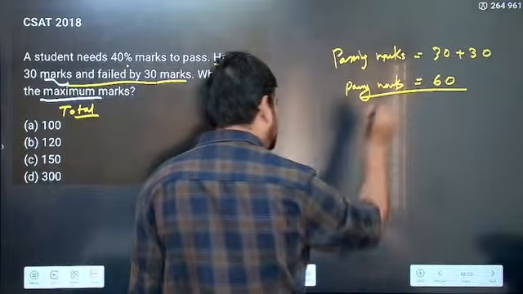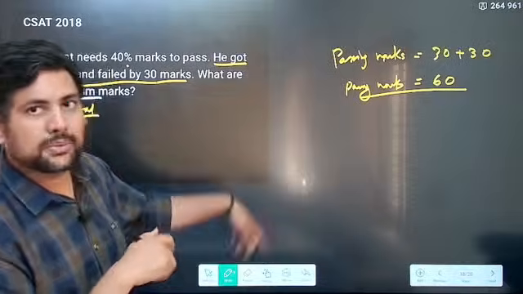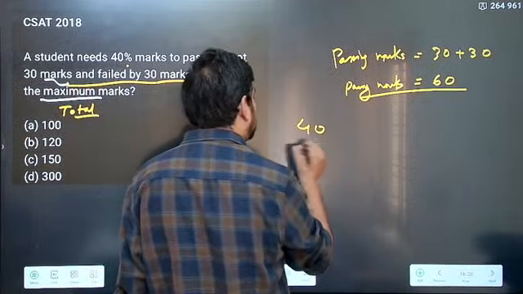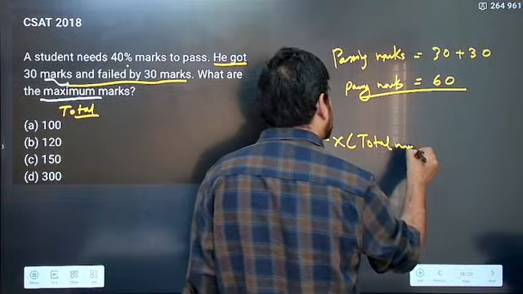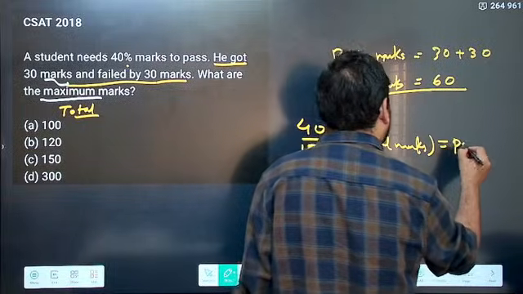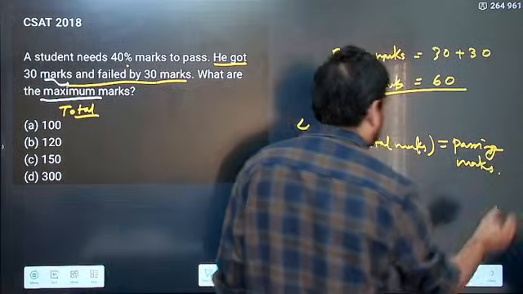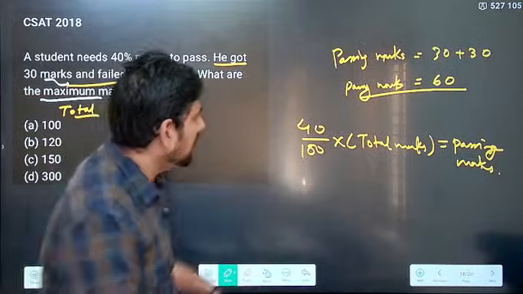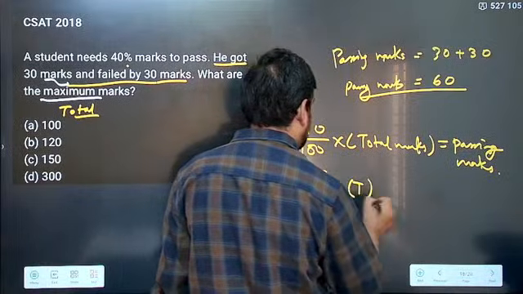Now, what is passing marks in terms of percentage? It is 40% marks to pass. That means 40% of total marks is equal to passing marks. This you understand? So 40% of total marks becomes 40 by 100 times total marks, which is what I am trying to calculate.